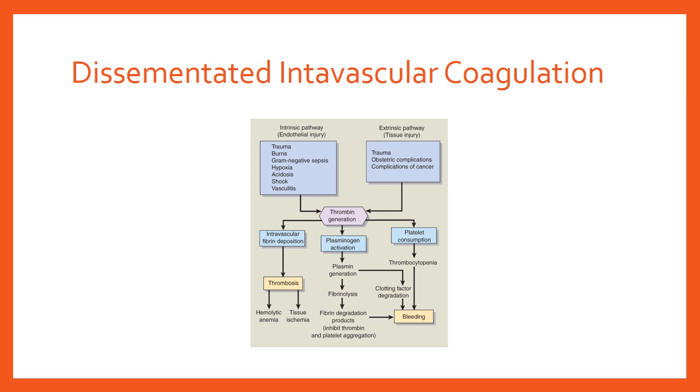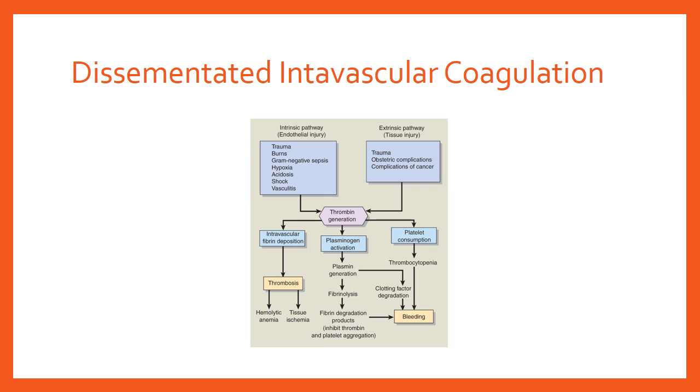And thrombin generation in this case is quite extensive. And extensive production of thrombin results in clotting, thrombosis, and thrombosis can bring two things into play.